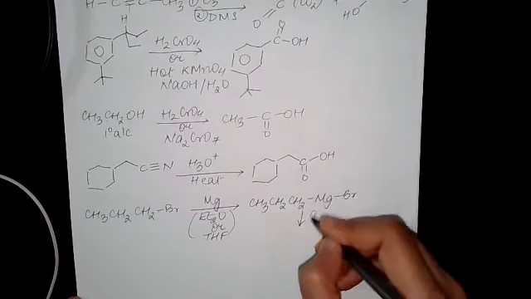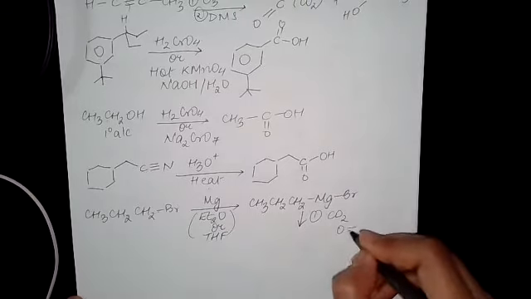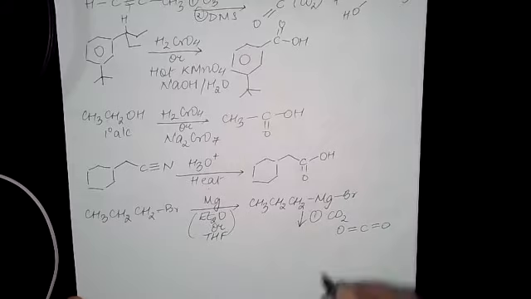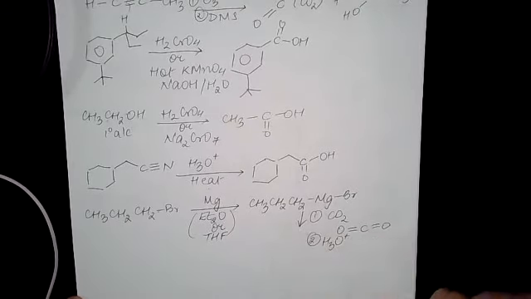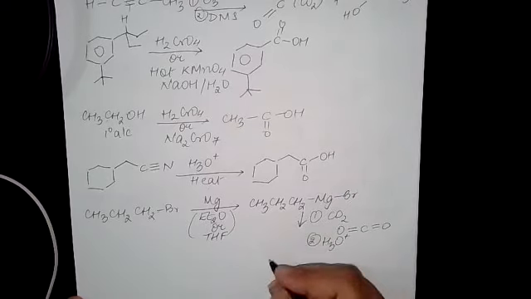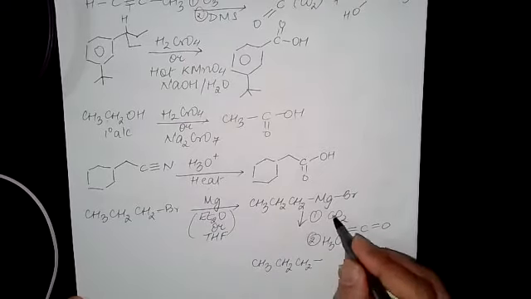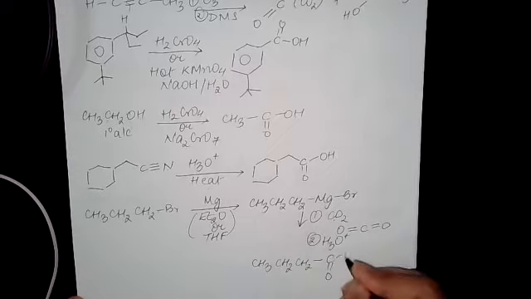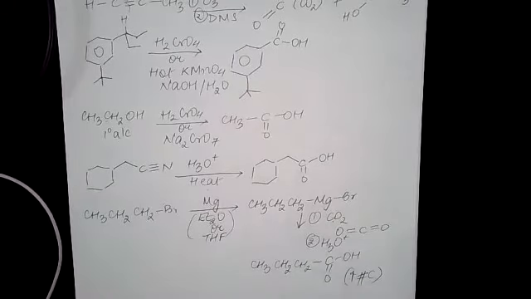And now when you introduce carbon dioxide and a proton source, we will get an extra carbon. So this carbon dioxide is going to become the carboxylic acid. What we have done is increased the number of carbons during this process.